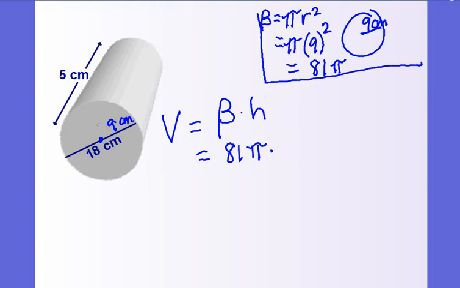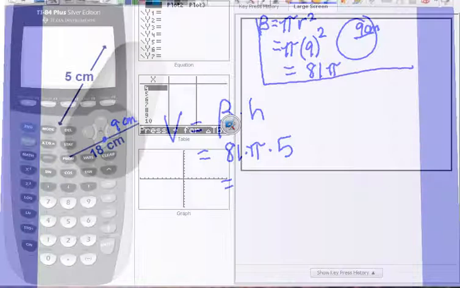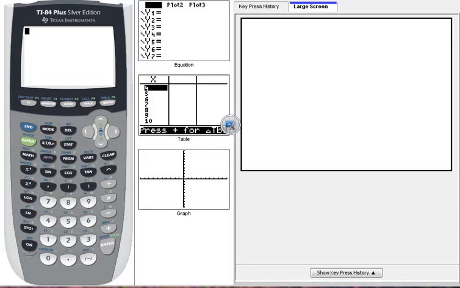Obviously not drawn to scale, but we'll let that go for now. So the height is 5. In order to find my total volume, I'm going to multiply all 3 parts together. 81 times 5 times pi. And I'm going to do that using my calculator.